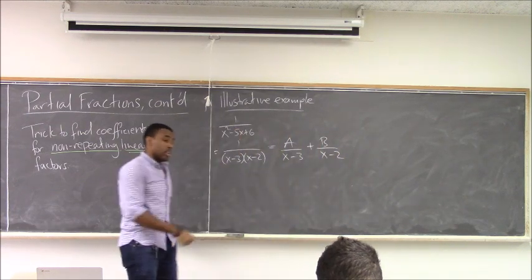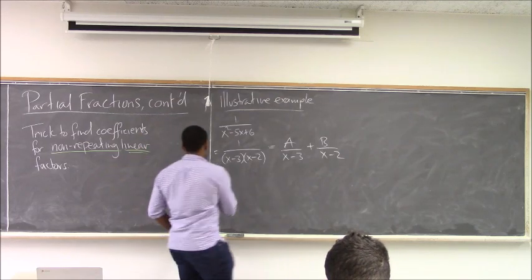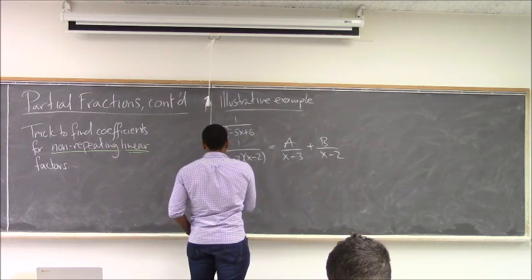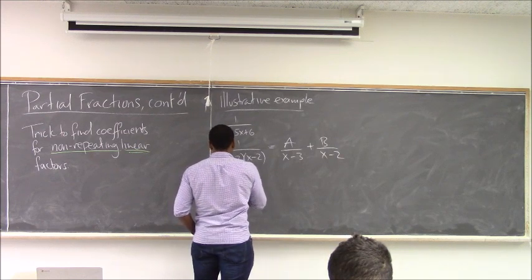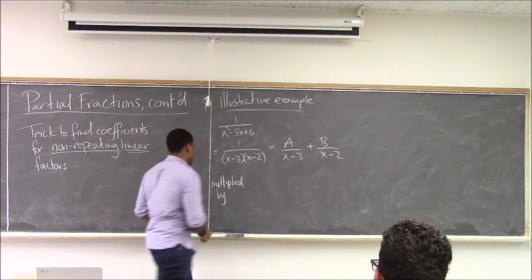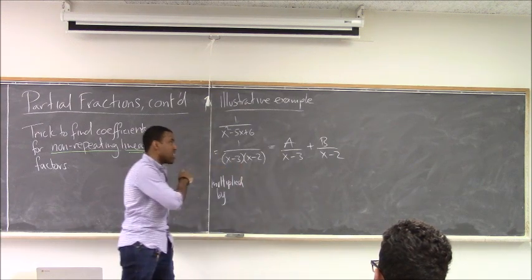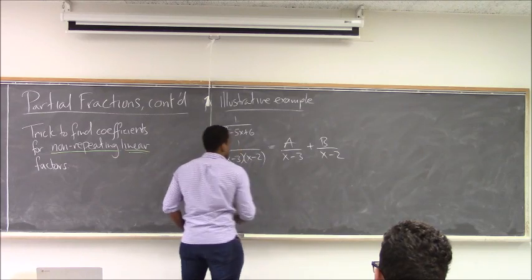Now here's something that you can actually do. Let's say we multiplied by one of the factors. Let's say, so I don't multiply by the entire denominator, I'm going to multiply by one of them, say x minus 3.